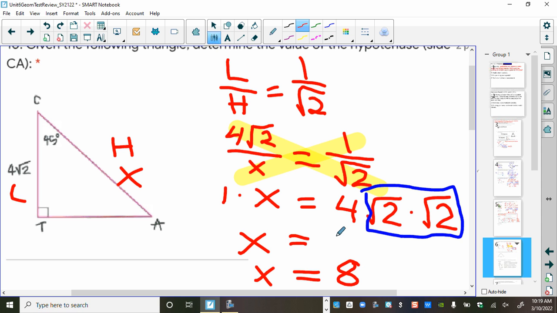Just a plain old 2. So in the end, you just have 4 times 2, which is 8. You're done. That's all you do for that problem. All right, anybody have questions on that first one?